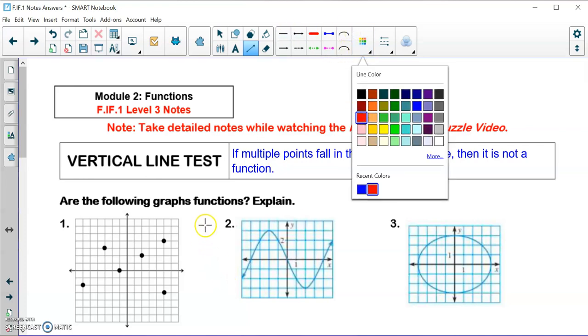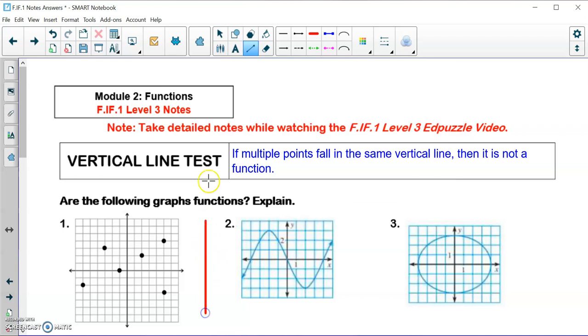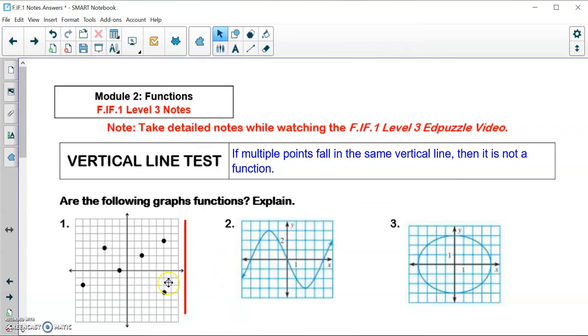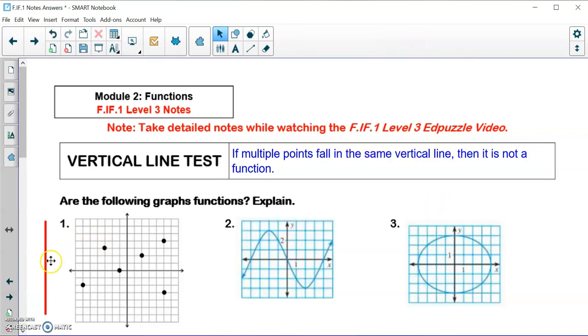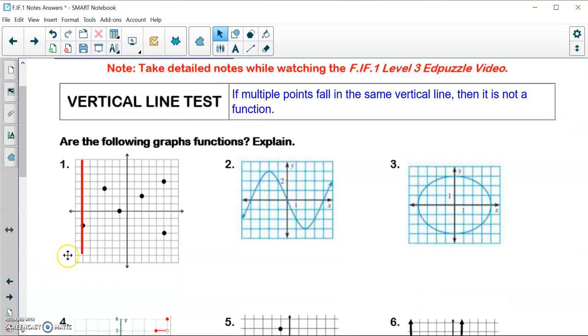I'm going to do mine vertically like this with just a red line because I have the advantage of having this screen here. And if multiple points on your graph fall in the same vertical line, then it is not a function. Meaning if two or more points hit this vertical line as I drag it across the graph, then it would not be a function.